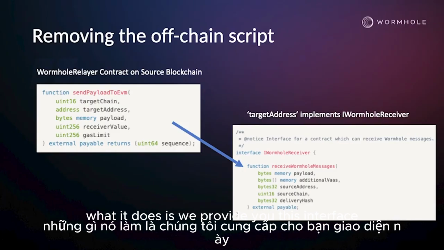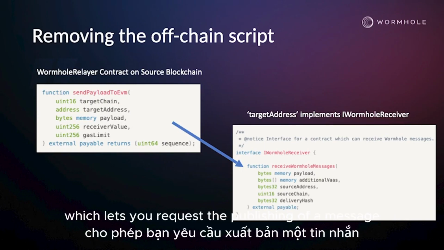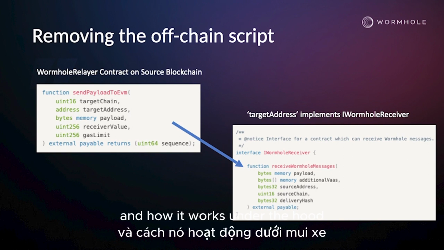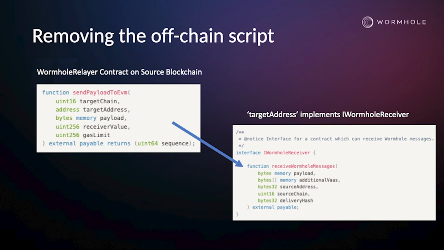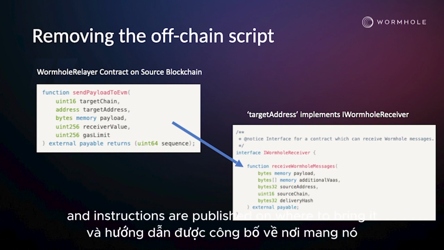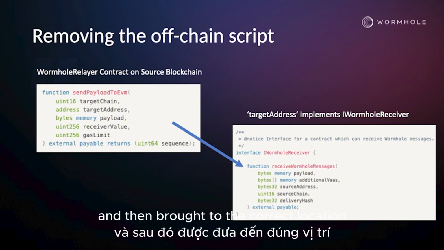What it does is we provide you this interface, sendPayloadToEvm, which lets you request the publishing of a message and its delivery to a certain address. And how it works under the hood, Joe will talk about later. But basically, the message gets published and instructions are published on where to bring it. It gets signed and then brought to the correct location.